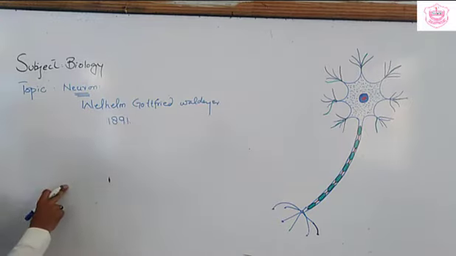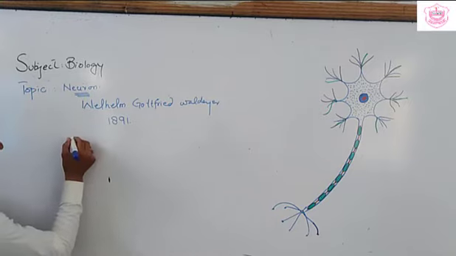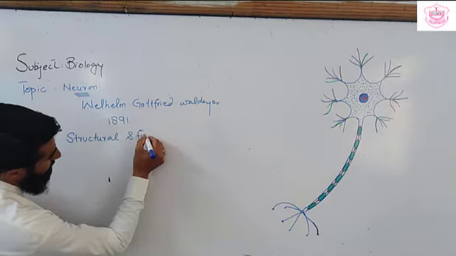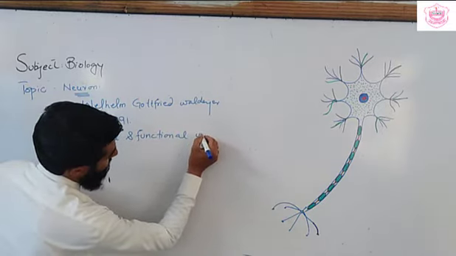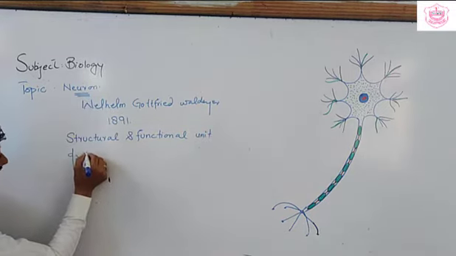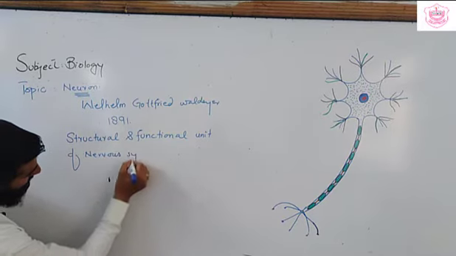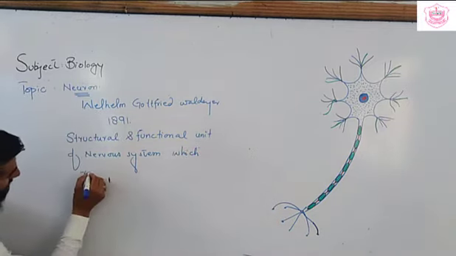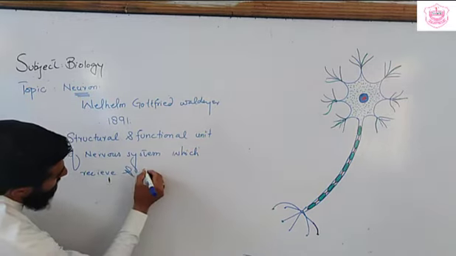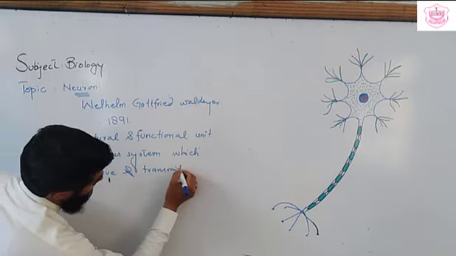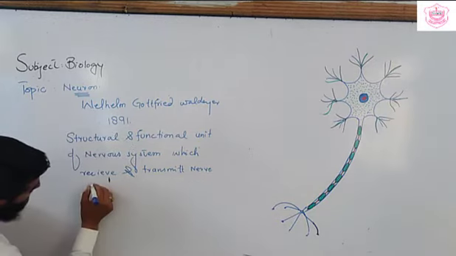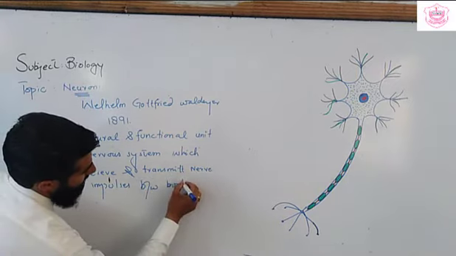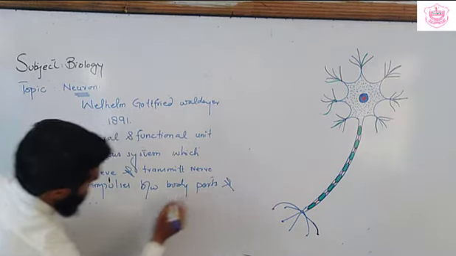The neuron is called the structural and functional unit of the nervous system, which receives and transmits nerve impulses between body parts and the brain.